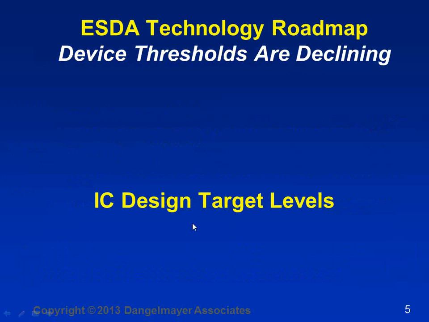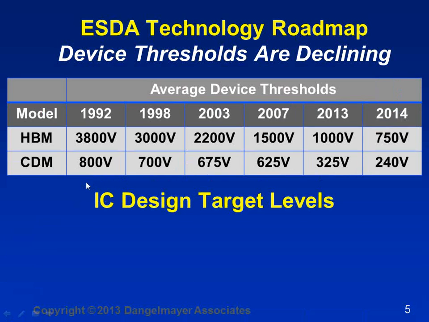Okay. How about the trend? Where are device sensitivities going as we look into the future? The ESD Association has a technology roadmap that you can go to the website and get in detail. But here is a summary of it. This is an approximation of the numbers on their charts.